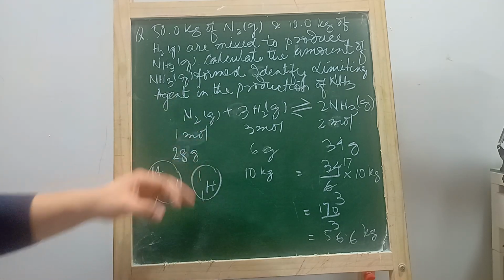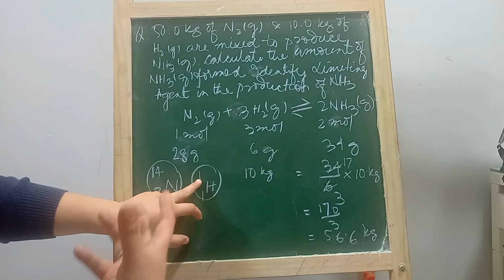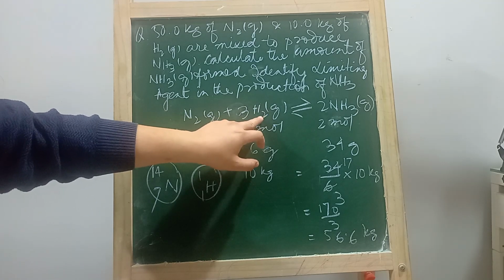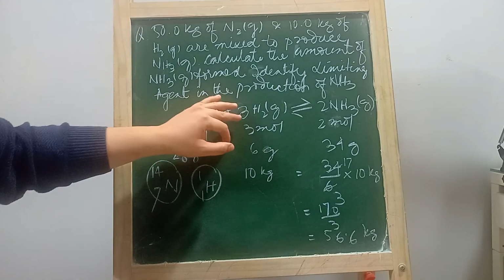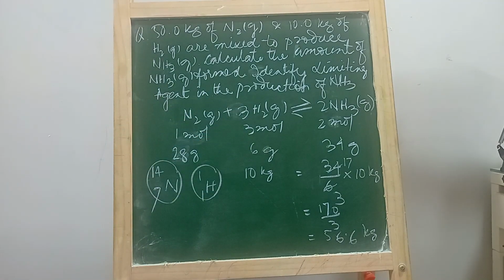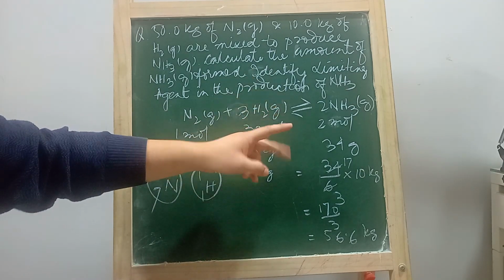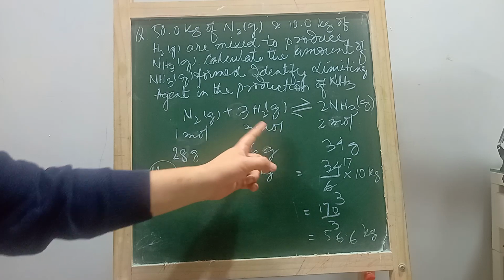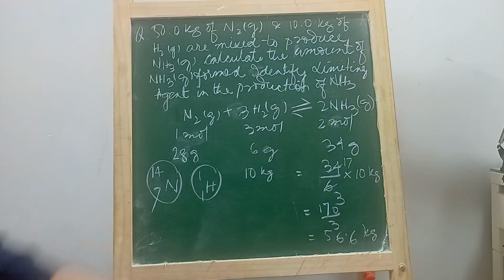So 1 mole of nitrogen weighs 28 gram, and for hydrogen the atomic mass is 1, so two atoms means 2 U, that means 2 gram per mole, but since we have 3 moles, it will be 2 gram multiplied by 3, that is 6 gram.